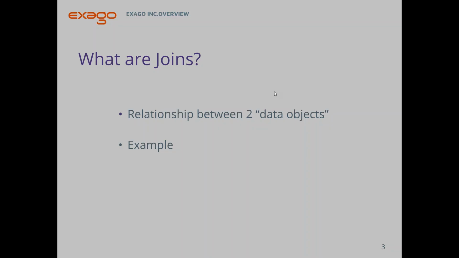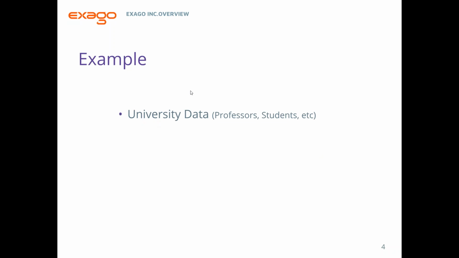So in Exago, we're going to have data objects. We'll talk about what those might look like in just a moment. And a join is just a relationship between those data objects. Now that's a little abstract, so we're going to have an example. Our samples today are going to use fictitious university data.